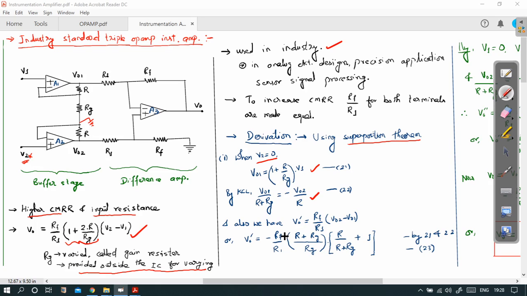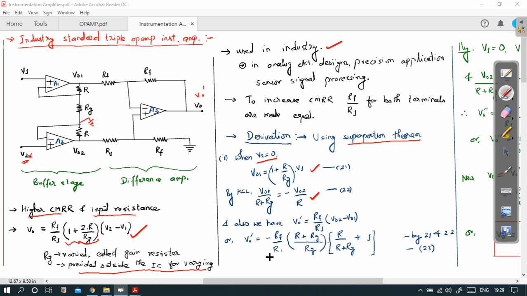Also we have VO dash equals RF by R1 times (VO2 minus V1) for this difference amplifier stage. Under this condition, when V2 is 0, let's assume that the output voltage is VO dash. This VO dash can be written by the difference amplifier equation that we had just seen.